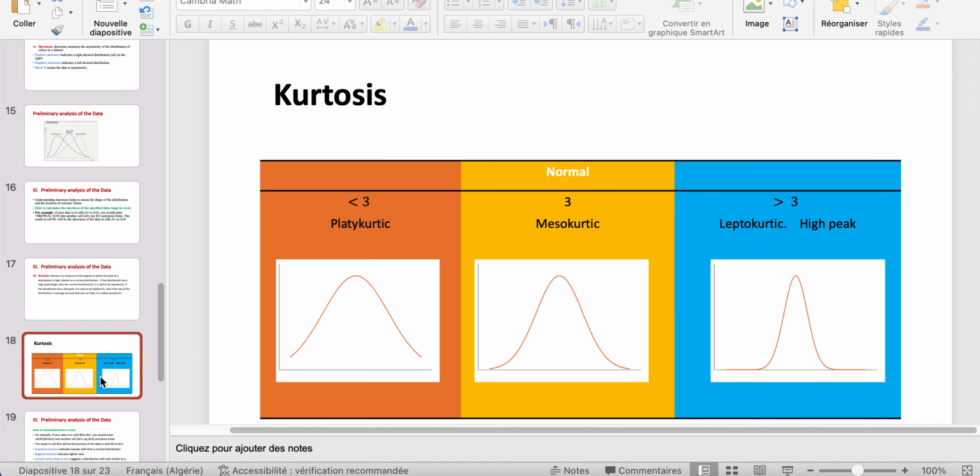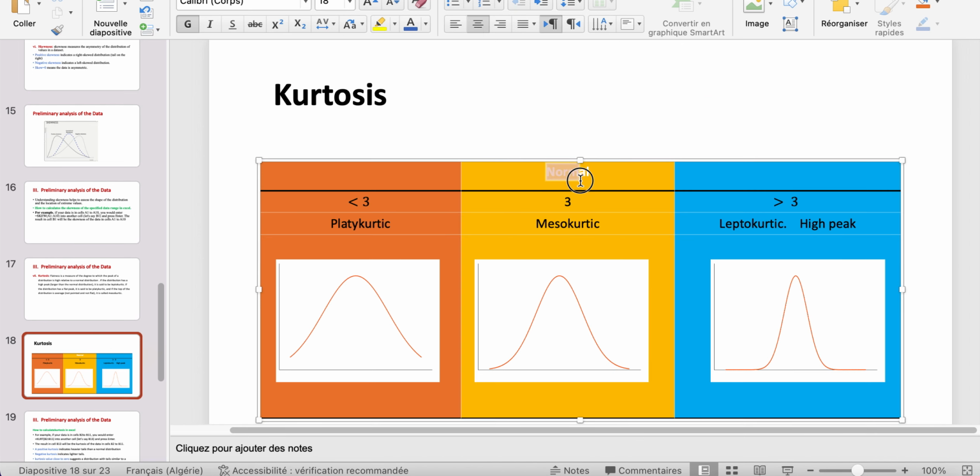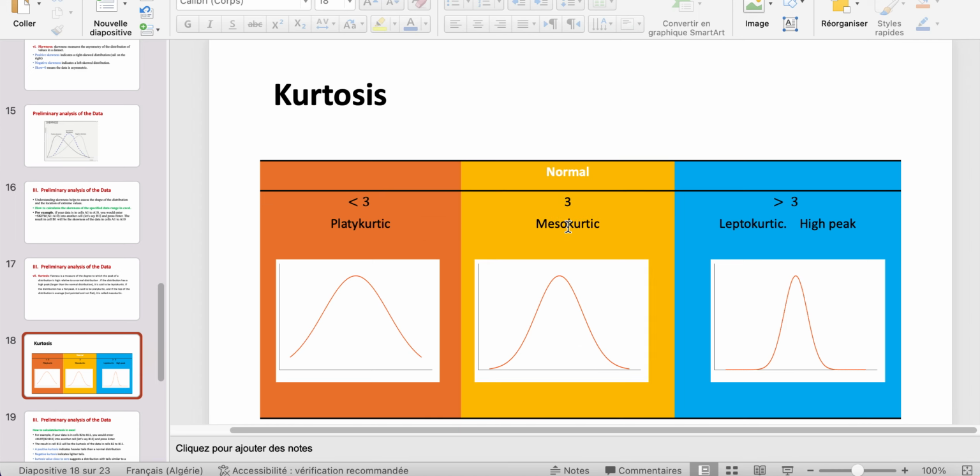So here, this is our normal distribution, meaning the kurtosis equals 3. We can call this distribution a mesokurtic distribution, or normal distribution. Our peak is not high and it's not flat.